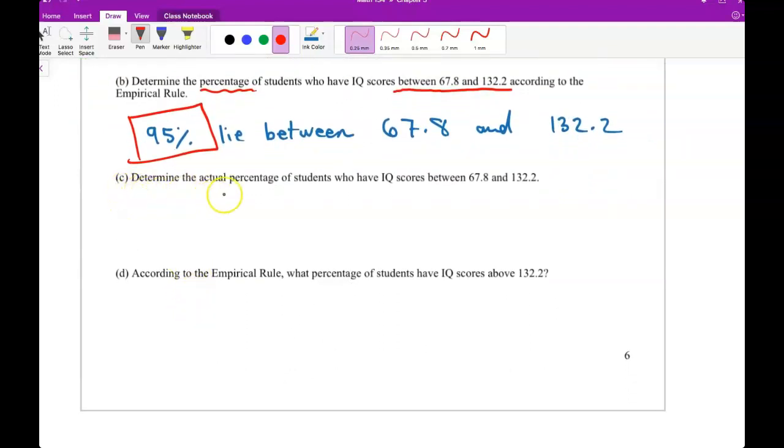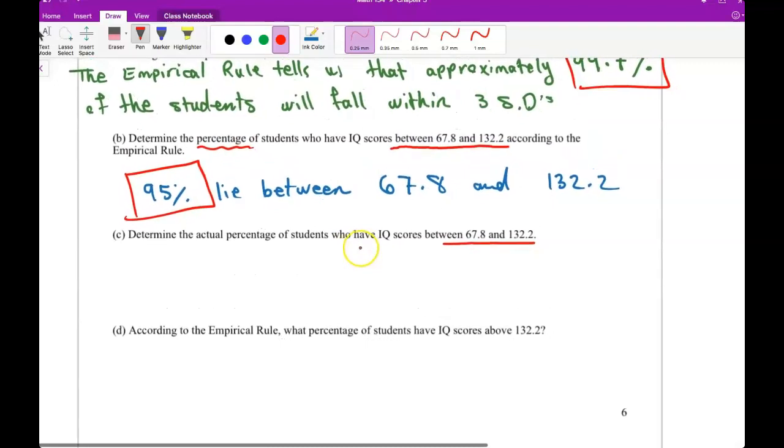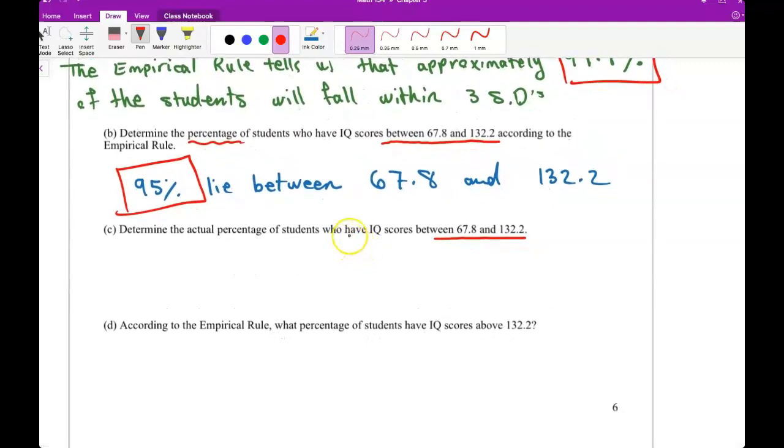Now part C: determine the actual percentage of students who have IQ scores between these 2 numbers. Here we got 95% based on the empirical rule, but here it's asking to determine the actual percentage.